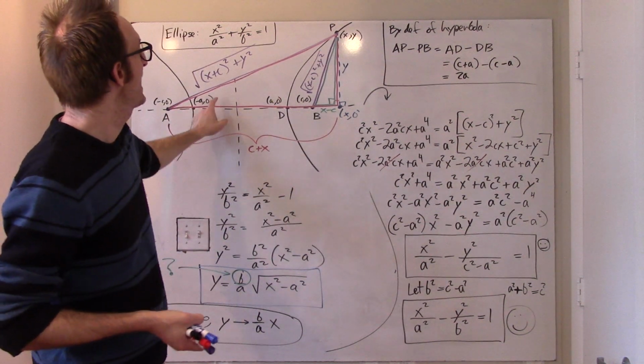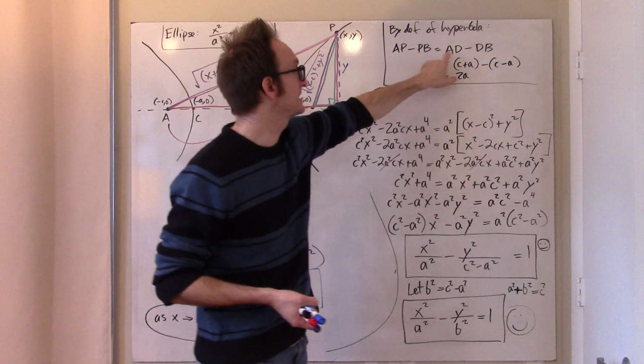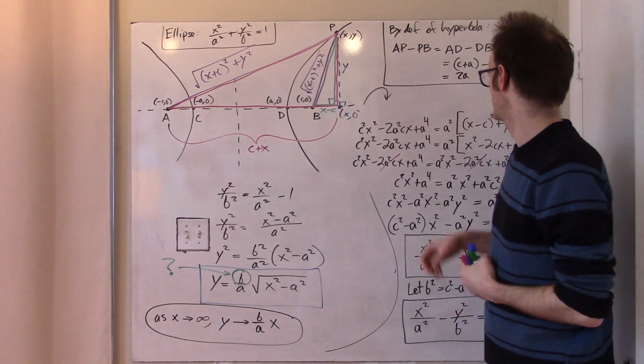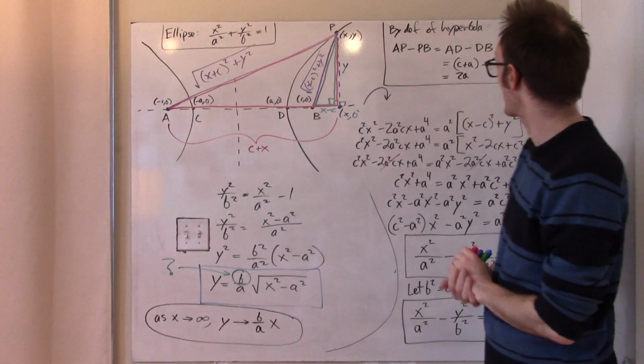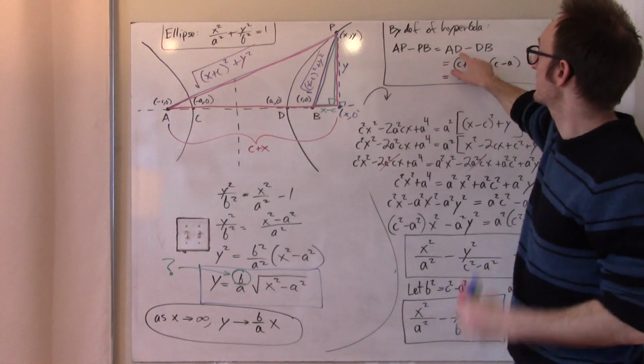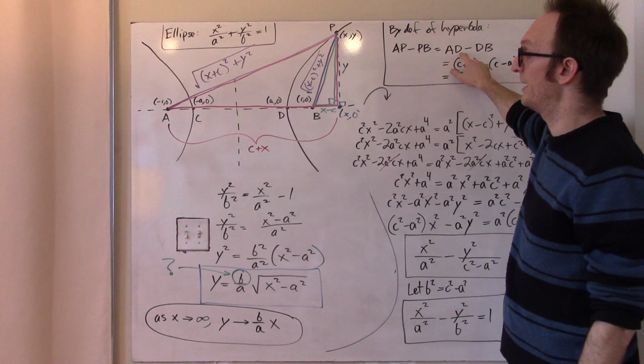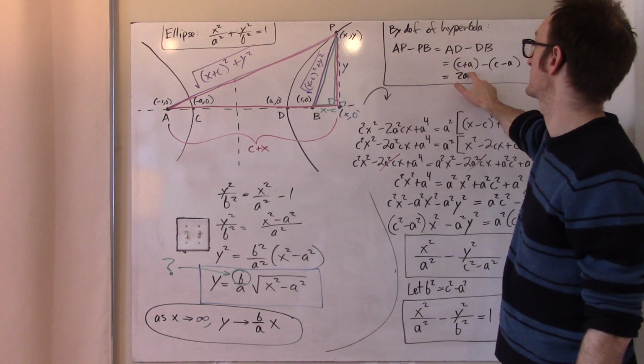So I know that AP minus BP is AD minus DB, and of course because D is collinear with my foci, I can easily compute the distance that D is from the foci, and we get that this is 2A.